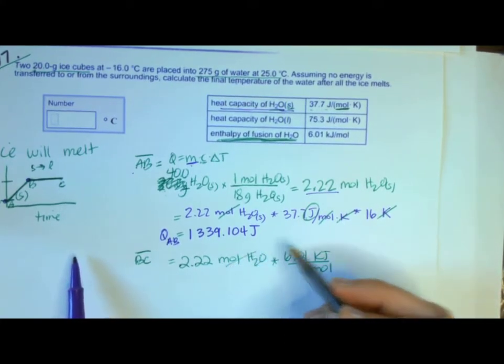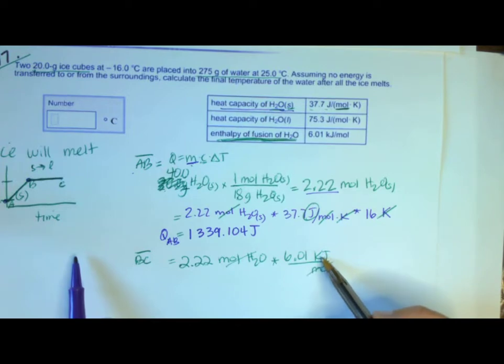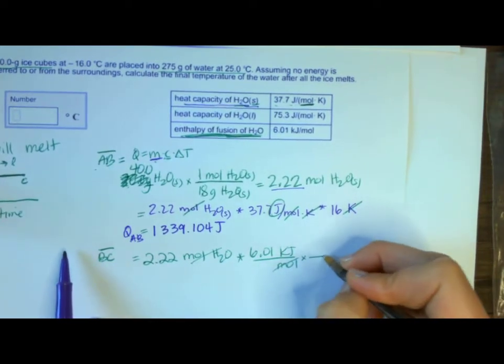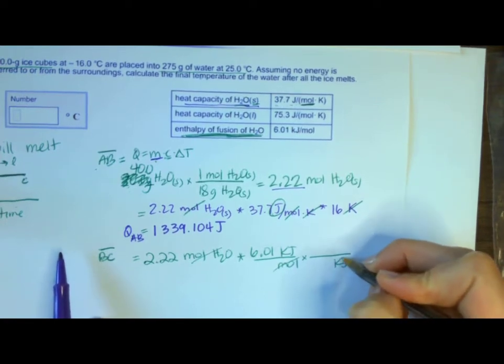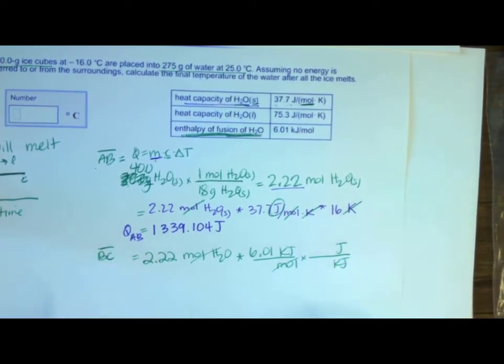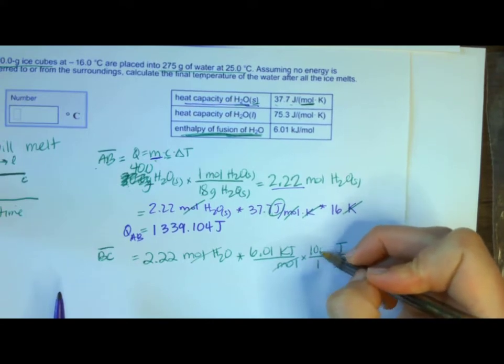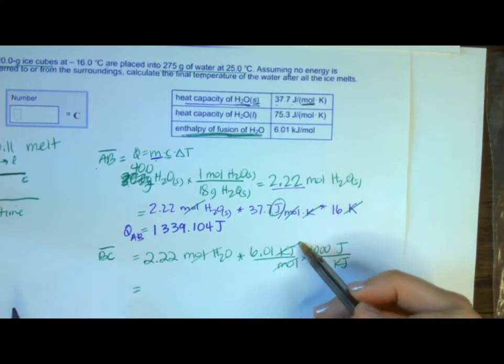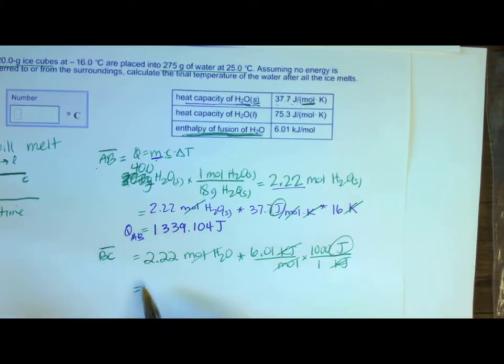And if we look, I'm going to have kilojoules, but my Q up above is in joules. So let's just do a kilojoules to joules conversion. You know that 1 kilojoule is 1,000 joules. That'll cancel those out, and I'll have my second Q in joules.